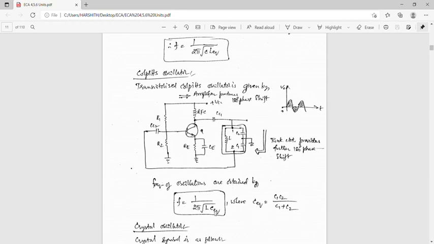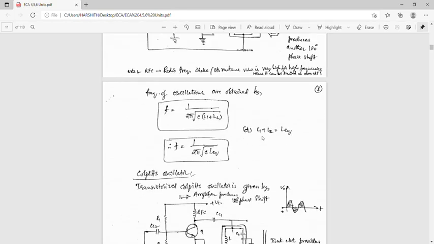The frequency of oscillations in the Colpitts oscillator is obtained by f equal to 1 by 2 pi square root of L into C equivalent. In the Hartley oscillator, the frequency of oscillations f equal to 1 by 2 pi square root of C into L equivalent, where L equivalent equal to L1 plus L2.